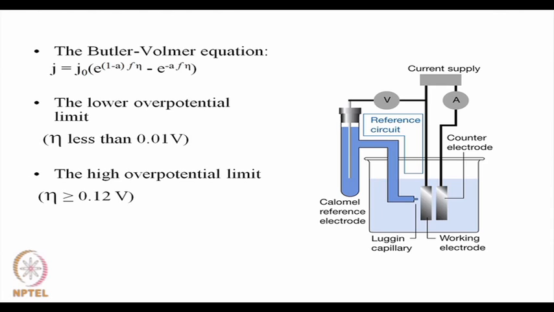Now, before that, the experimental diagram is this. It is basically a 3 electrode situation. This is your reference electrode, calomel electrode. This is your working electrode, and this is your counter electrode. So, there are 3 electrodes. This is connected to a source which is supplying current, and you have got your ammeter, this is your voltmeter, and this is a reference circuit.